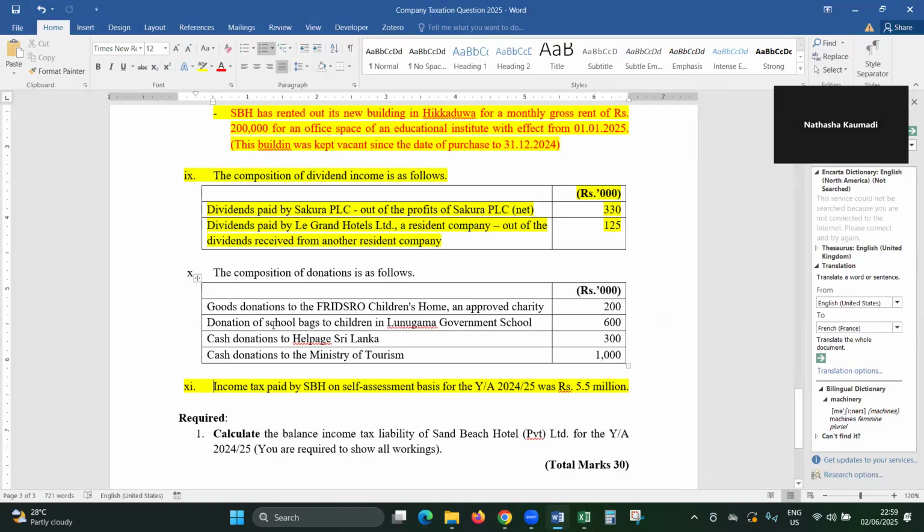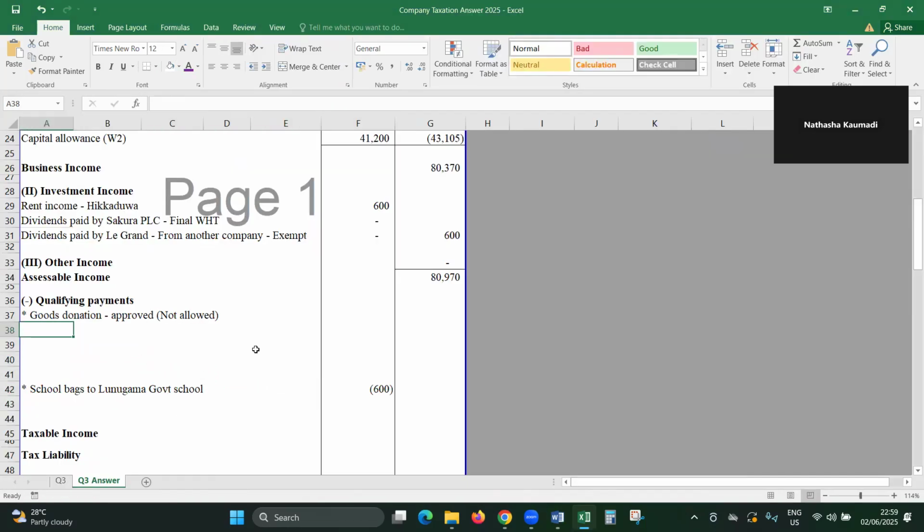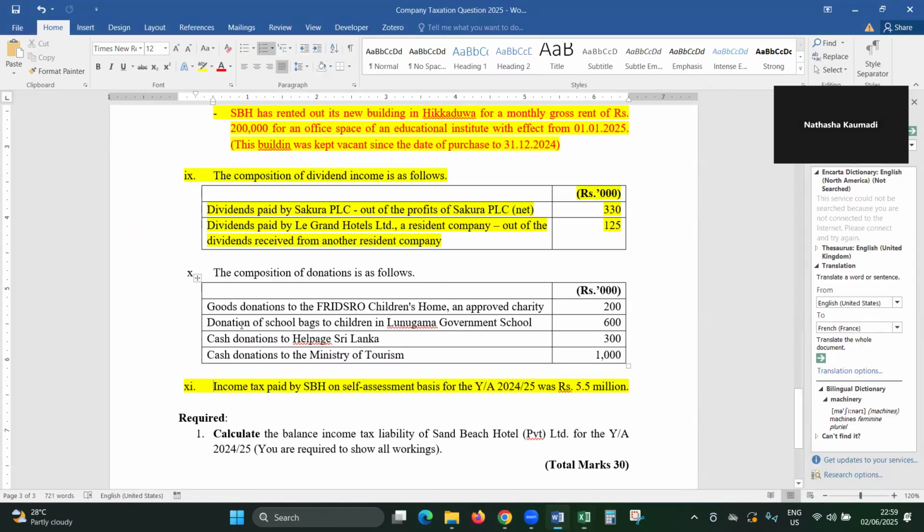100% you can deduct. Cash donations to Help Age Sri Lanka. I told you it is an approved charity. Cash donations are allowed, coming under the threshold. So first I write cash donations to approved charity. That is 300. We have to compare and see, but for now we'll write it.